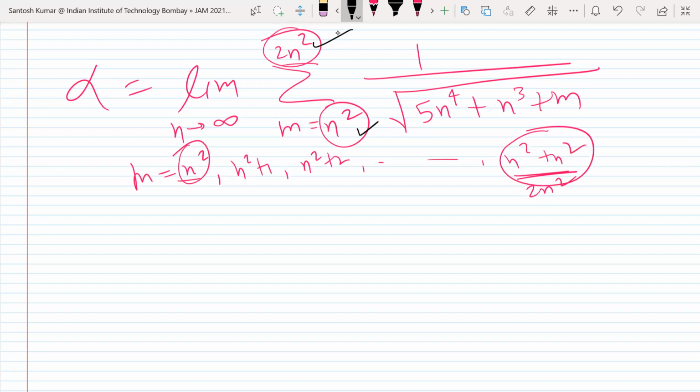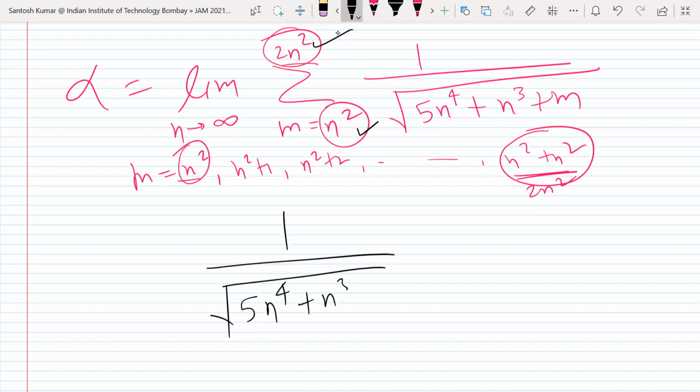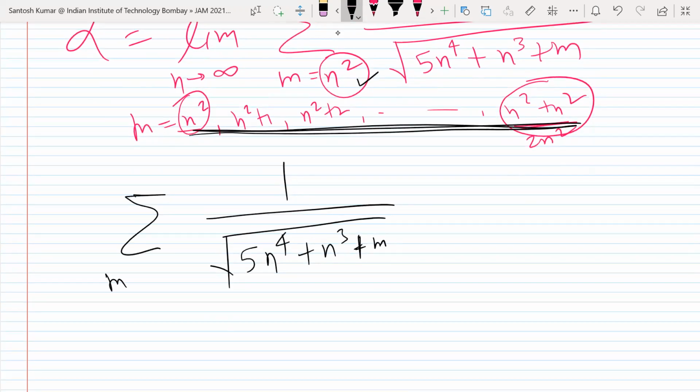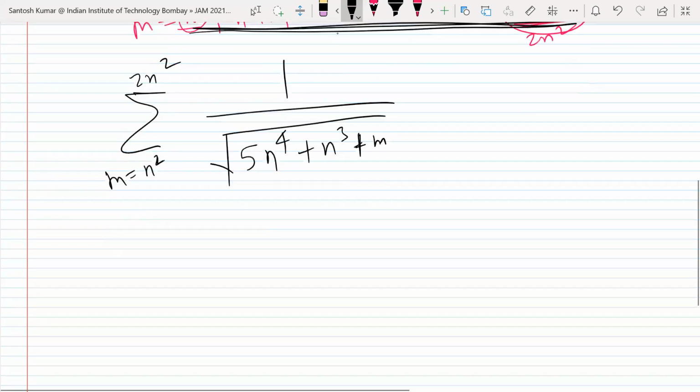So what I would like to try, I will write. This is root under 5n4 plus n cube plus m, and m is from n square to 2n square. Let's open it. What will happen?